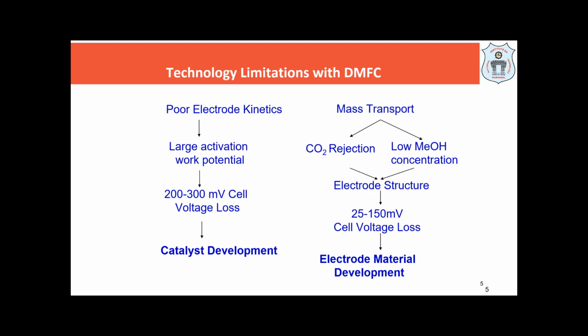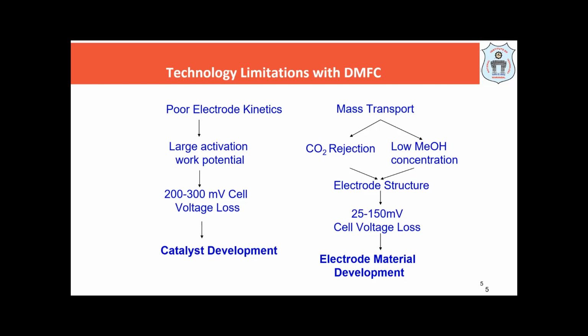If you want to do some work in this fuel cell area, you can look into good catalyst development for this particular direct methanol fuel cell. And even if you look at mass transfer studies, for mass transport, CO2 rejection has to be there, and low methanol concentration has to be used.